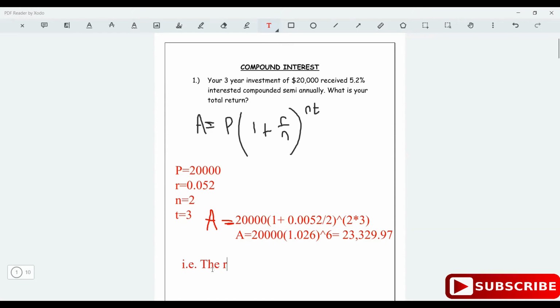The return after 3 years is $23,329.97. That's if you invested 20,000 and received this amount of interest compounded semi-annually. Semi-annually means 2. Quarterly means 4. Annually, n equals 1.